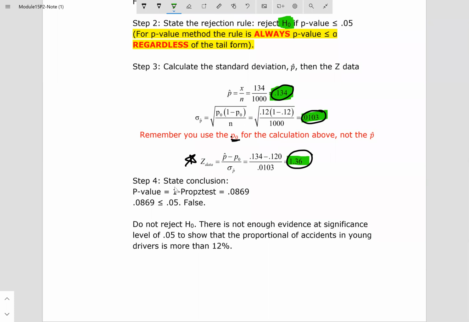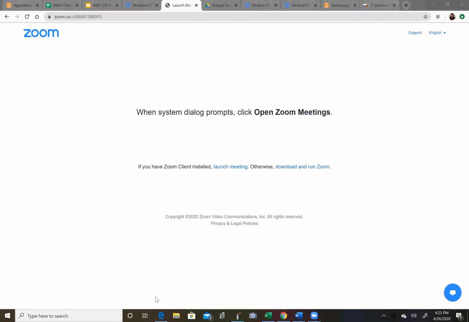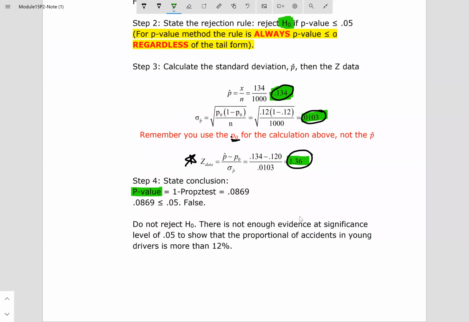So stating the conclusion, we found our z value, 1.36. We use that here to find the p-value, which is in the same place in your calculator that you found the z value.